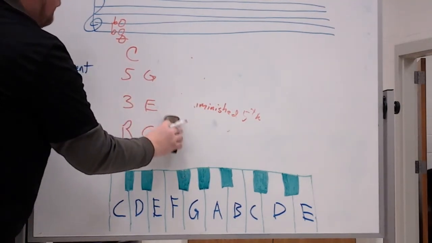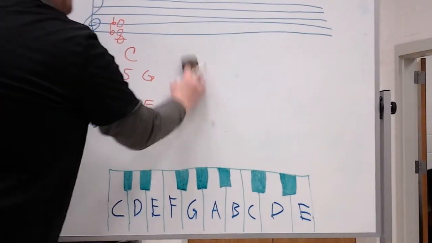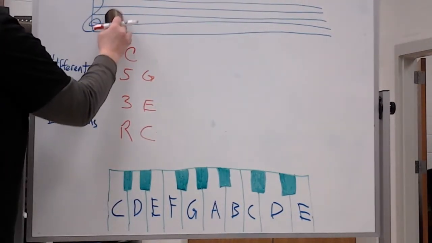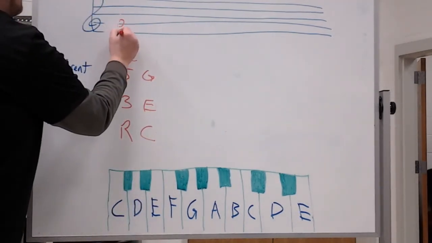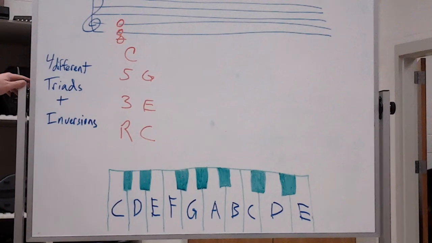If I get rid of the E flat and the G flat, and I go back to my major triad, C, E, and G, there's one more triad that we can create from the root position that's much less common than any of the other 3 triads. Obviously the majors and minors are most common. Diminished you will see every once in a while.